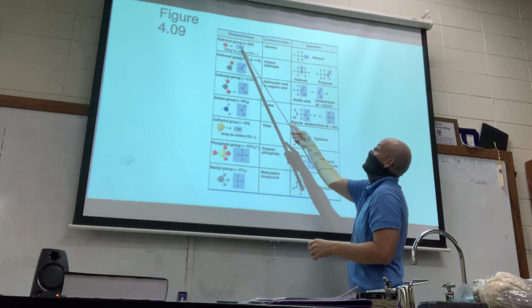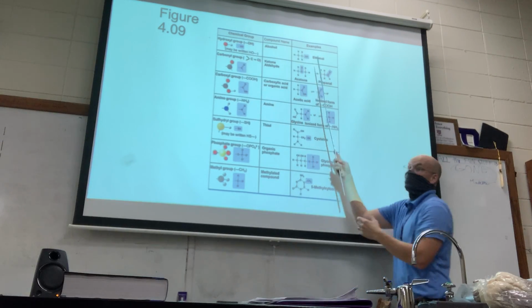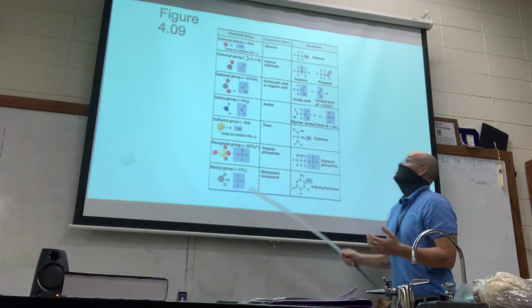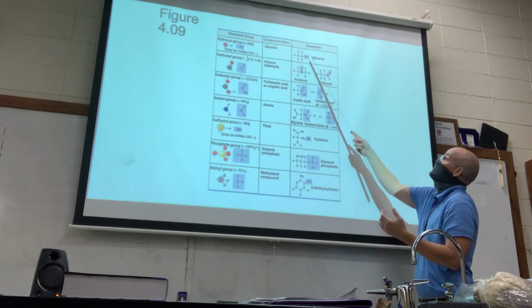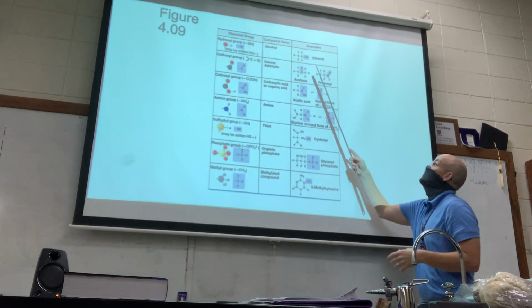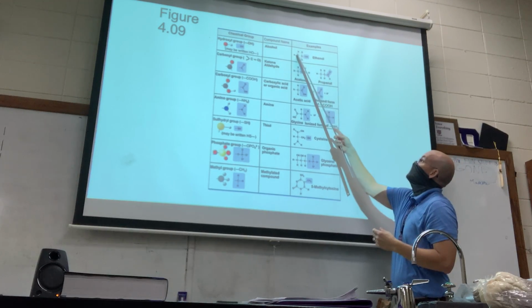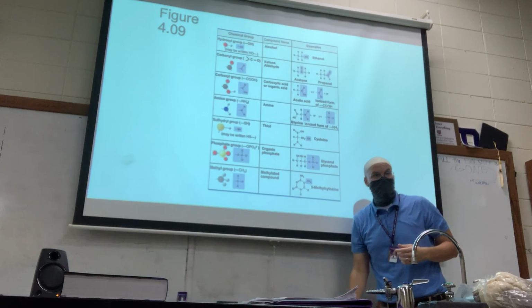And when you have this hydroxyl group, that's what alcohols are. So ethanol right here is simply the alcohol found in alcoholic beverages. And the eth prefix refers to the fact that there are 2 carbons.